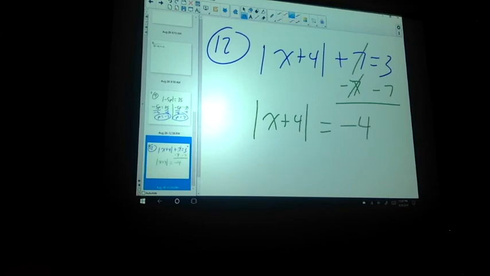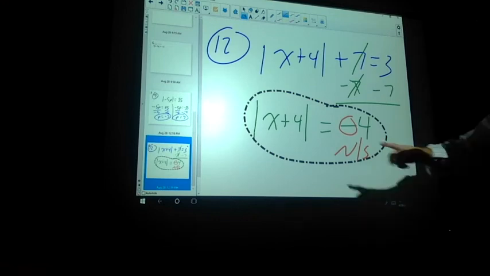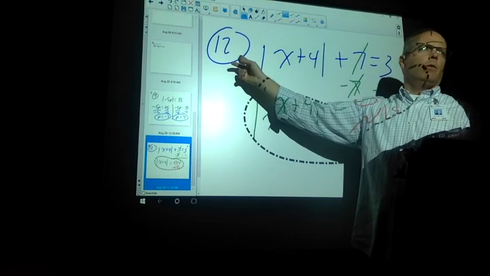Do you agree with that? Here's the issue. Can I take the absolute value of a number and ever get a negative number for an answer? No. So because of this, it doesn't work. So we get no solution. Now the only way this would work is if I had a negative outside of here, but I don't.